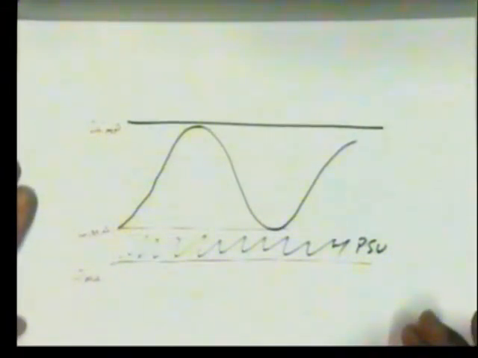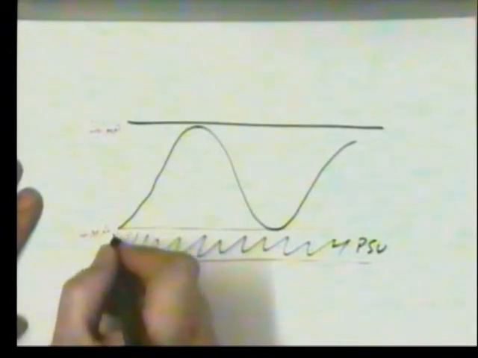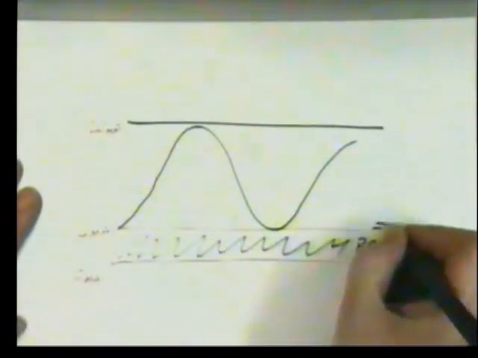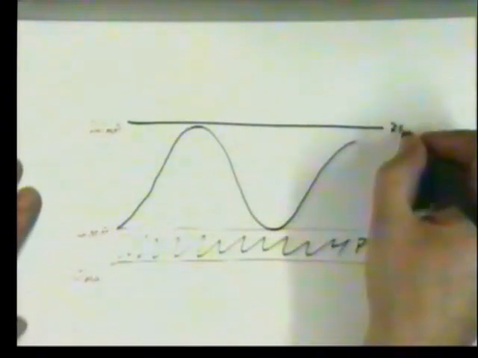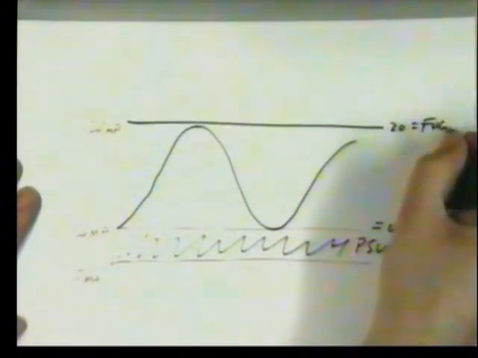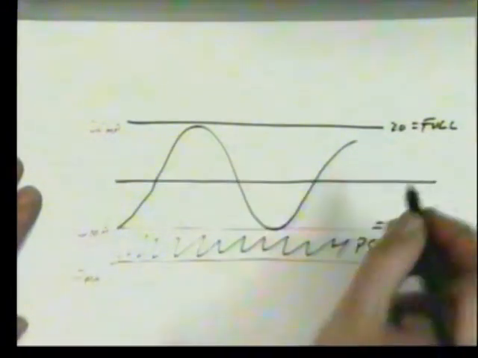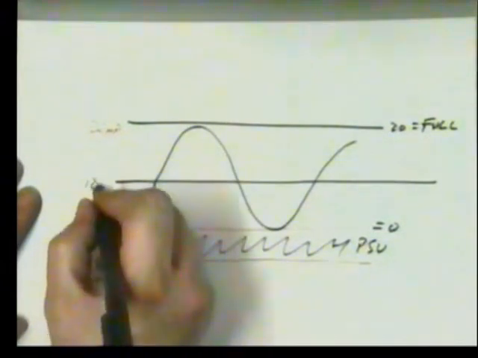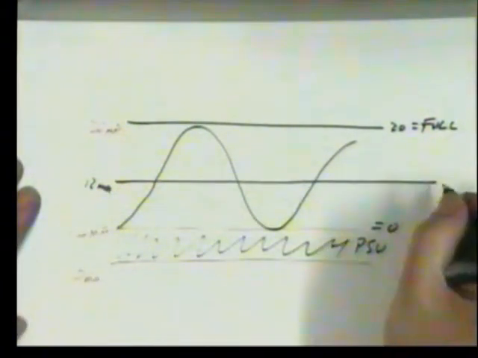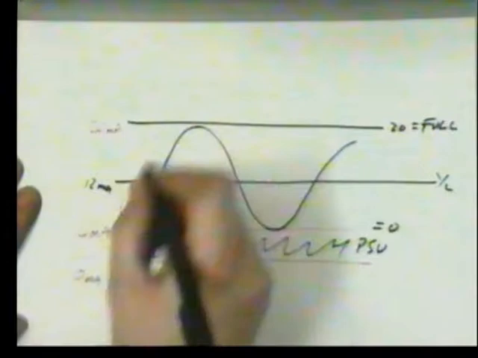Now traditionally this was done in an analog manner, which meant that 4 milliamps equals 0. 20 milliamps would equal full scale. Halfway between the two, what's that? That's 12 milliamps. That would be half full, and it's as simple as that.